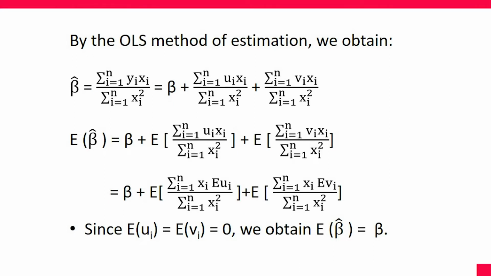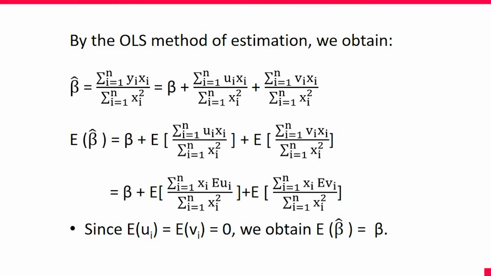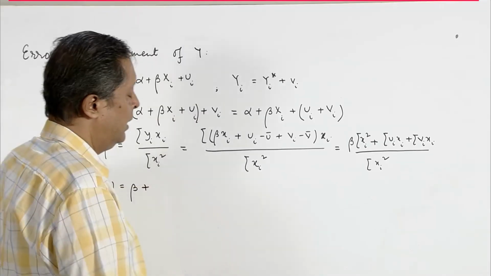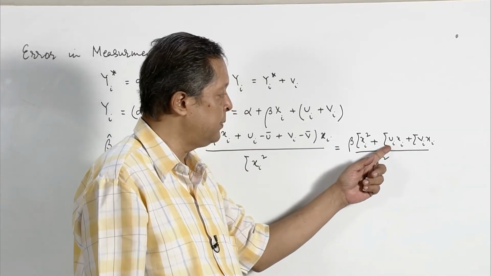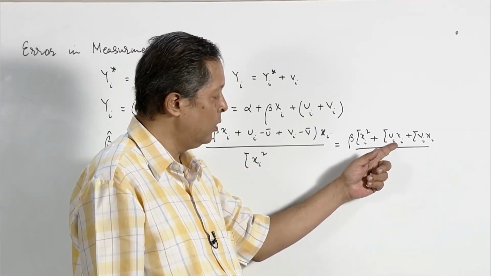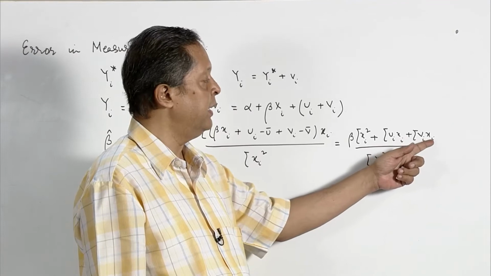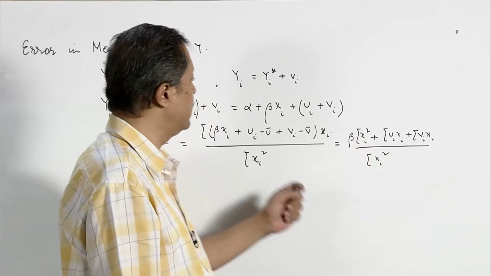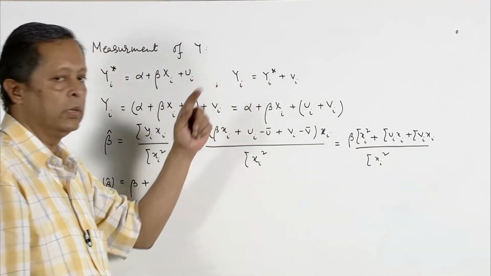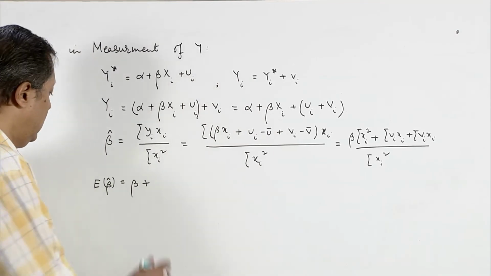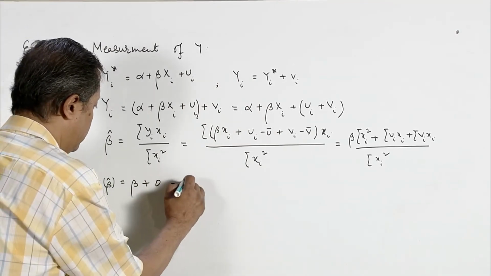And therefore, viewers, when we take expectation of beta hat, what we obtain is beta in the first place plus, by the properties of the classical model, expectation ui xi is equal to 0 and expectation vi xi is also equal to 0, because this ui and vi follow the properties of the classical model. So, this is equal to beta.